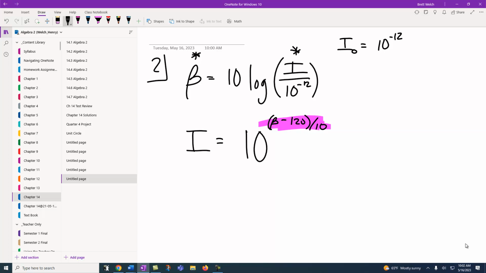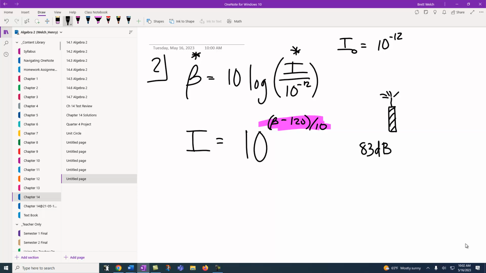So a really simple example I've used before would be you have a firecracker that's going to go off, and it might have a sound level, a loudness of 83 dB. Okay.